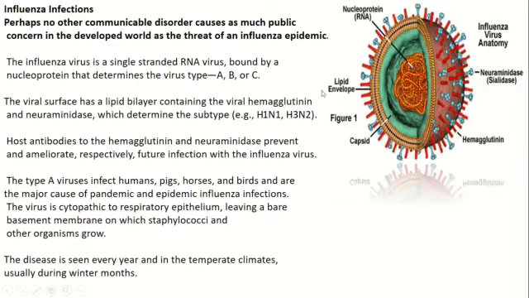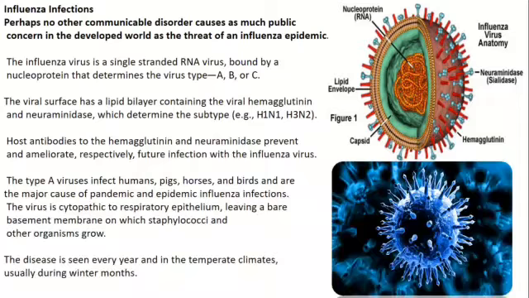The influenza virus is a single-strand RNA virus bound by nucleoprotein that determines the virus type A, B, or C. The viral surface has a lipid bilayer containing the viral hemagglutinin and neuraminidase, which determine the subtype, for example, H1N1, H3N2. Host antibodies to the hemagglutinin and neuraminidase prevent and ameliorate, respectively, future infection with the influenza virus.